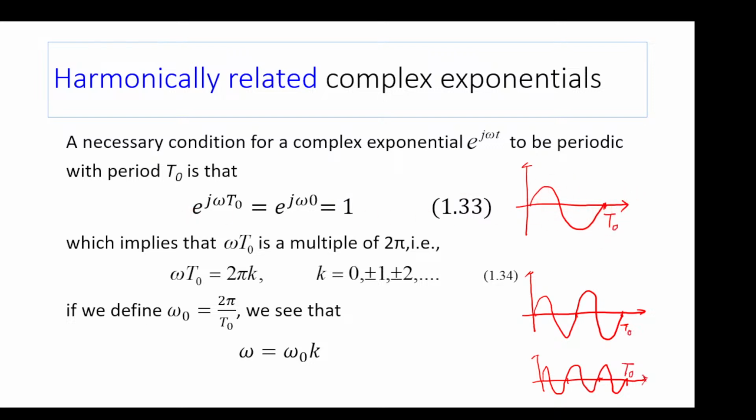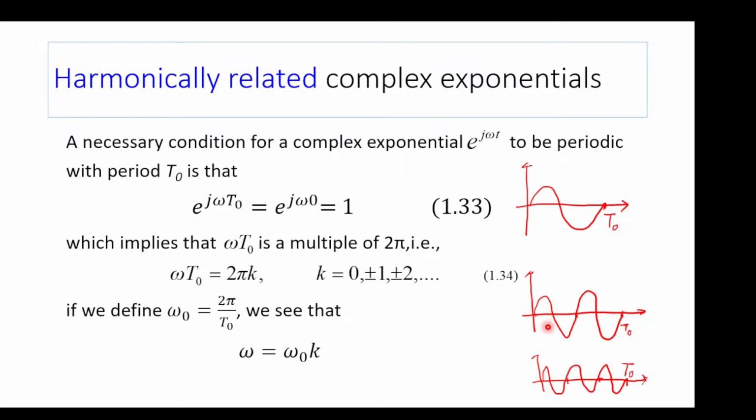It looks very sinusoidal, but imagine this is the real part of a complex exponential. You can think of omega as fixed this way, but you can also have T naught being twice the period of this e to the j omega t. So this is also another signal that has a period equal to T naught.